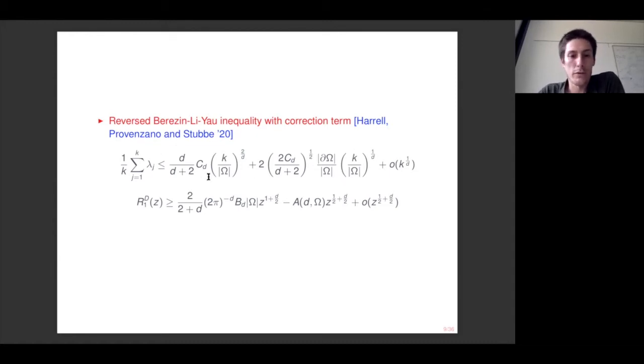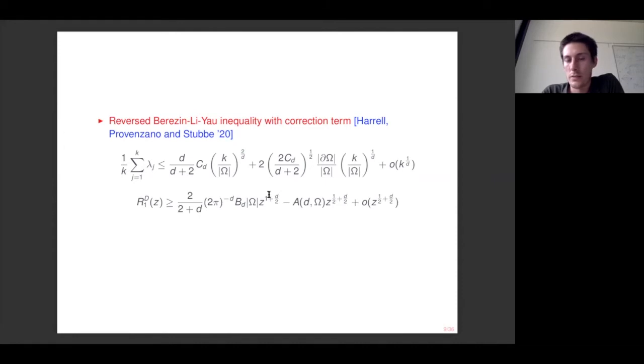And so they proved a series of results of this type, and in particular, they also proved that bounds of this type can be obtained without requiring any regularity assumption on the domain, but in this case one gets only a sharp first term, and a second term for which we cannot estimate its order.